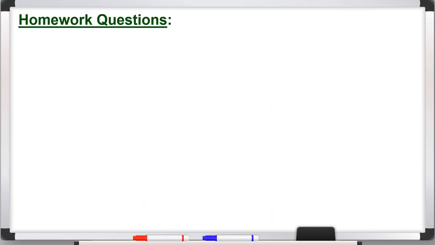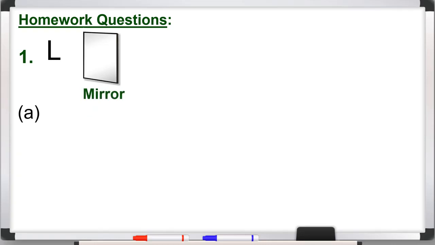Now the homework question 1. It is given alphabet L, and here is the mirror, and our options are A like this, B like this, C like this and D like this.